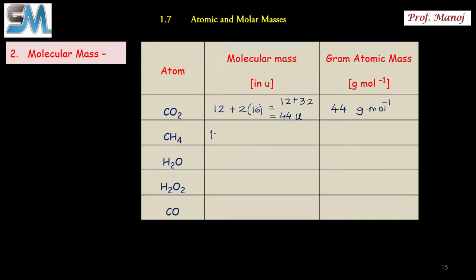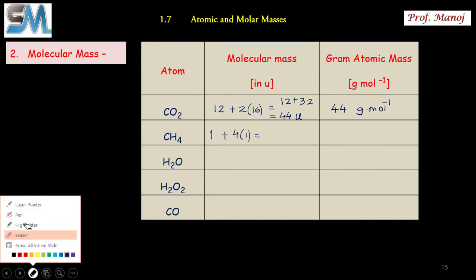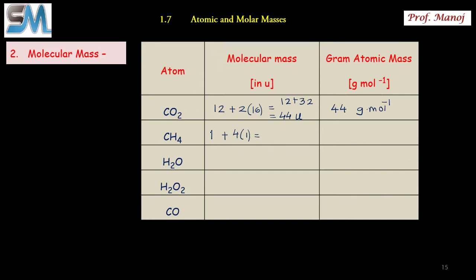Let us solve. Carbon 16 plus 4 times hydrogen. Oh, I'm so sorry. Carbon is 12. By mistake, I wrote 16. So carbon is 12 plus 4. That's going to be 16 U. In terms of gram atomic mass, it will be 16 gram per mole.